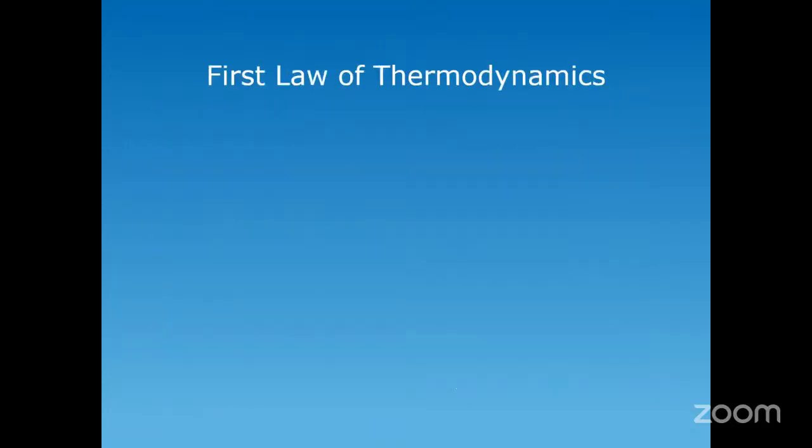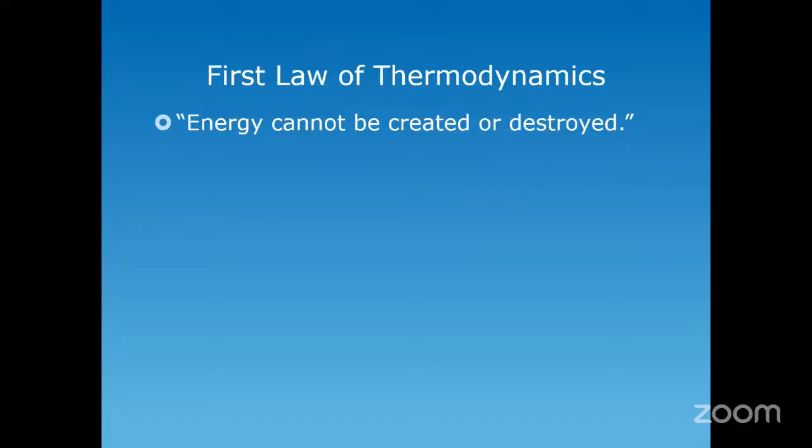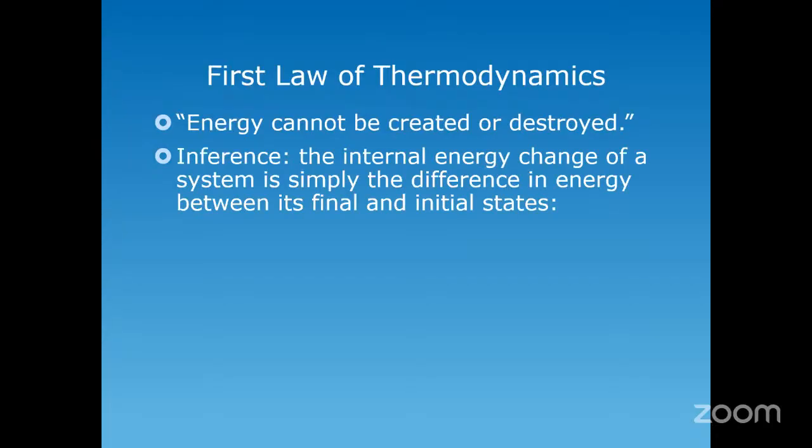And basically what this law says, simply put, is that energy cannot be created or destroyed. Now, this is an oversimplification because this only applies to chemical or physical processes. It doesn't apply to nuclear reactions, which we won't get into here, all right?